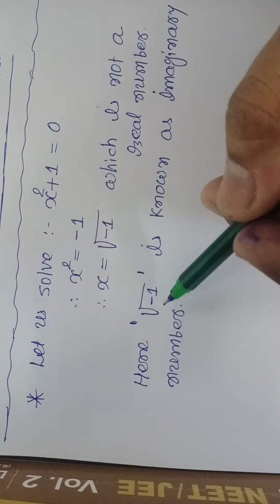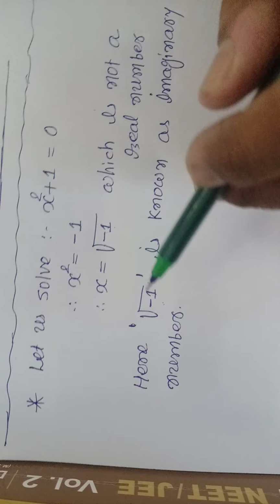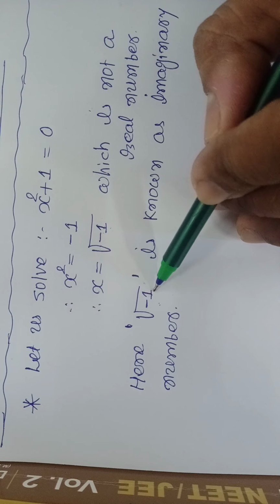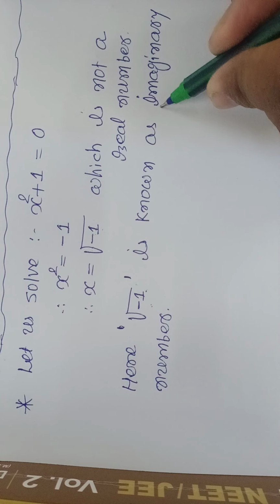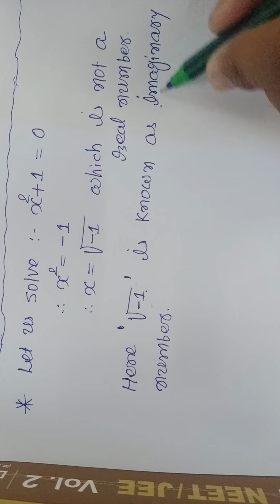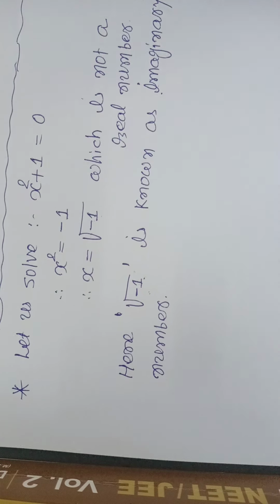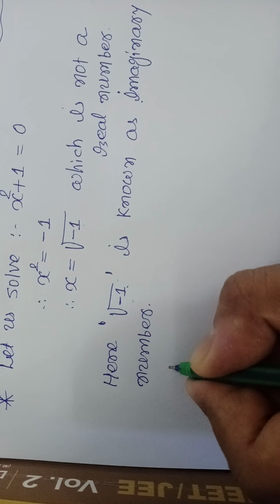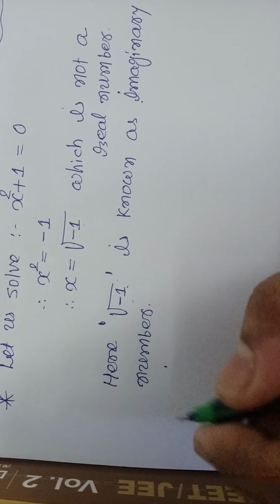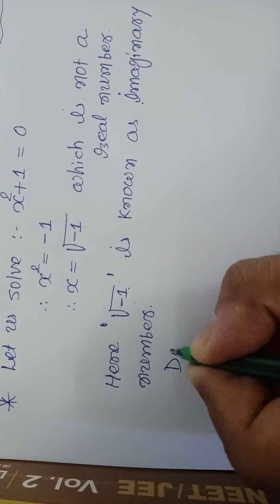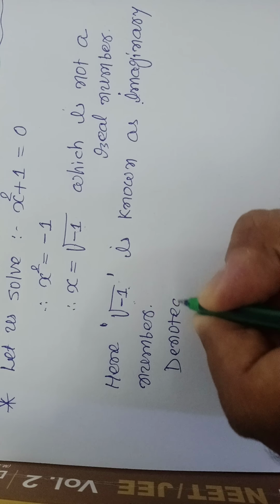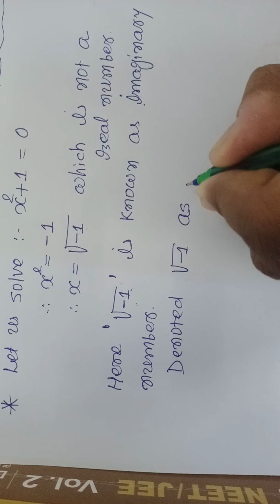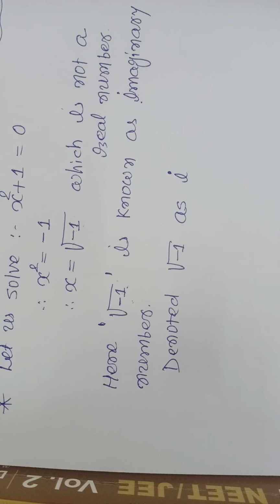So let us give this number the name iota. Iota means this square root minus 1. Because the first letter of the word imaginary is also i, that's why we call this number iota. So I just note that we denote root minus 1 as iota, i.